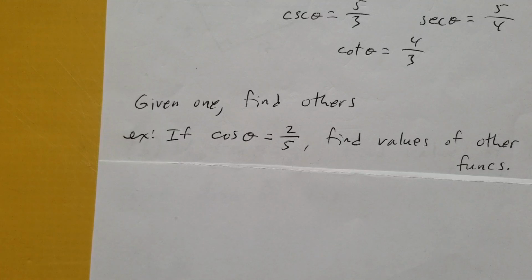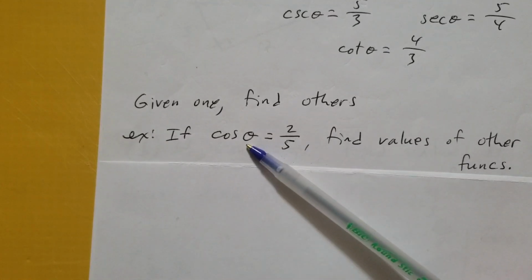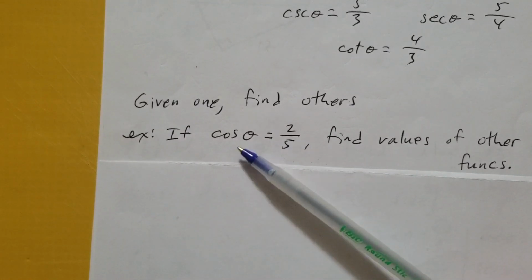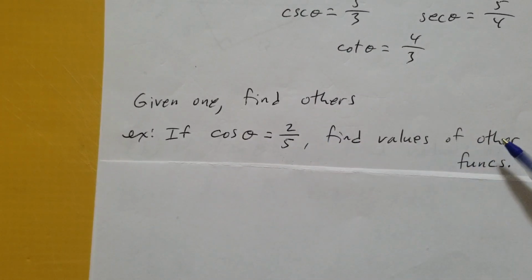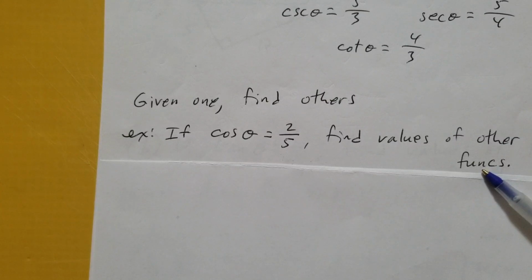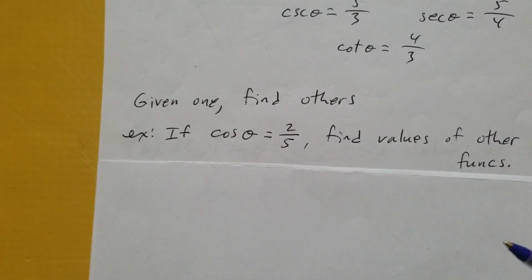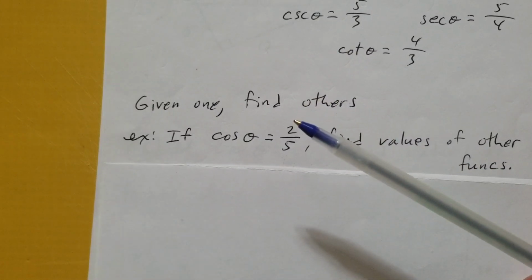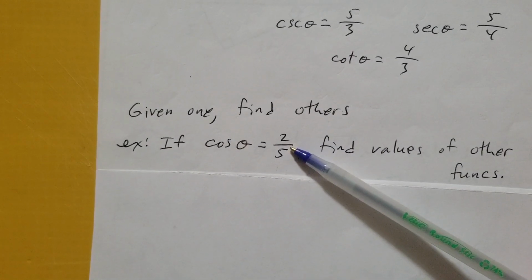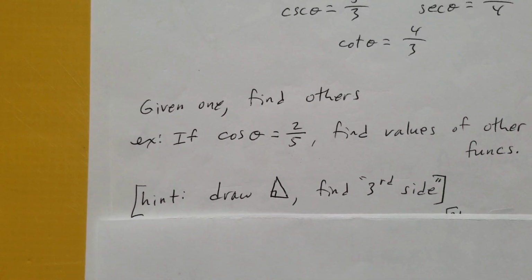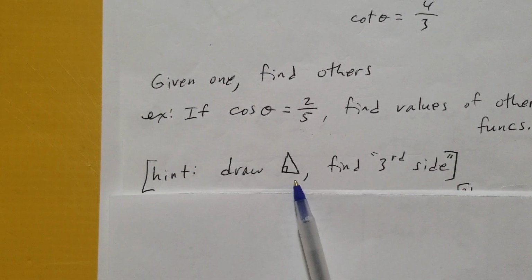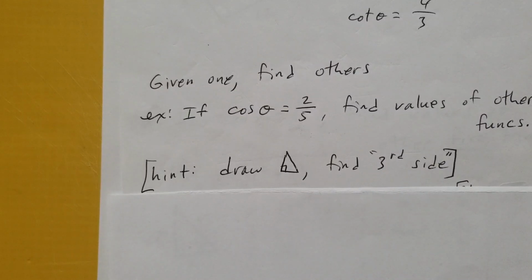There is a right triangle with an angle, and the cosine of that angle is 2 over 5. Find the values of the other functions. Now you might be thinking, how am I supposed to do that? I don't have the diagram, I don't have the right triangle in front of me, and I certainly don't have all 3 sides. Well, that's your job. Here's the hint. You draw the right triangle and find the 3rd side.